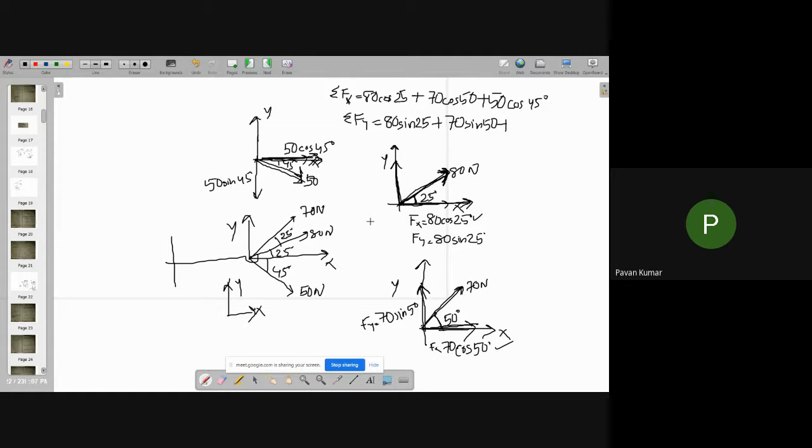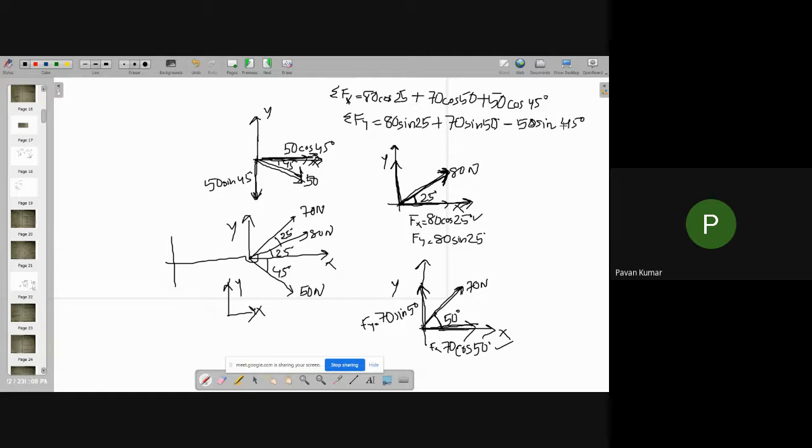Now the last one is going downward. I already told you in the previous class we are taking the algebraic sum. So negative 50 sin 45.